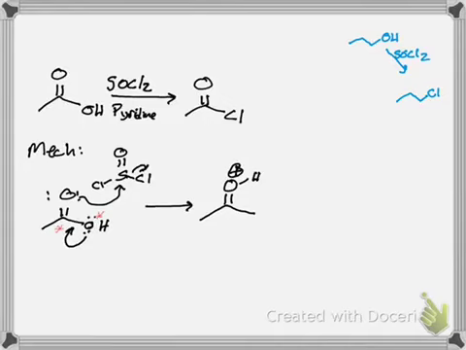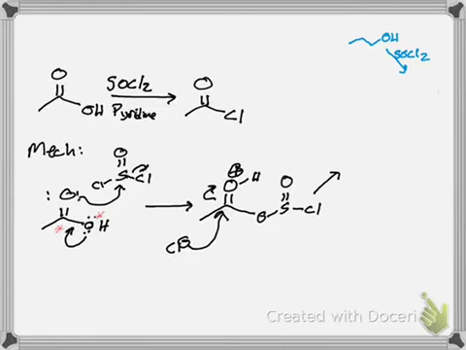So you wind up there with this as your intermediate. The chloride anion you just kicked off is going to nucleophilically attack that carbon and then give you this intermediate. I'm going to go ahead and erase that so I have a little bit more room to play with.